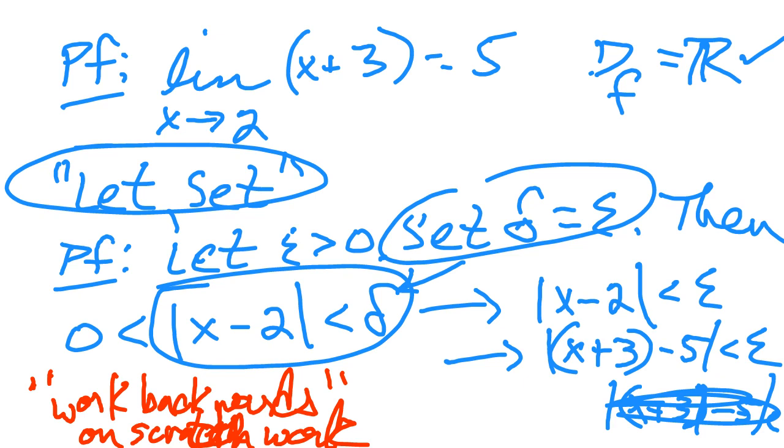So anyway, this proves it. For any epsilon window around the limit of 5 for this function, I could find a delta, and in this case it's just delta equals epsilon. So that's kind of the process. I'm going to do a couple more, and hopefully a section 1.4 example of this.